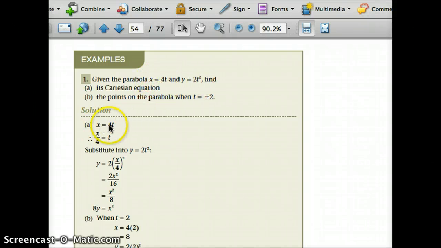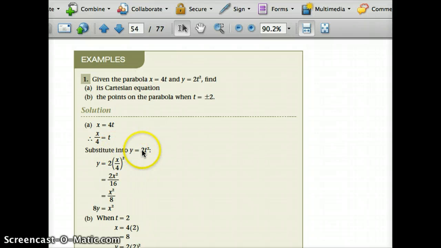Now, for x equals 4t, we know that t equals x on 4. Okay? So we're doing that same process again. Let's find out what the t is in terms of x and then substitute it into the y. Okay? So we know that t equals x on 4. So I'm going to substitute that t in to the y. See that? For t squared. Does that make sense? It's the same process every time.